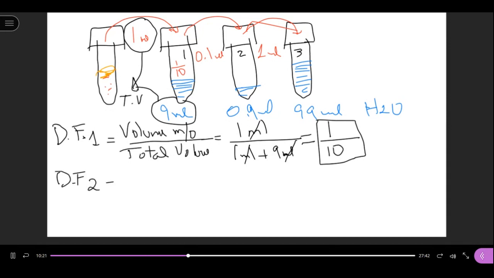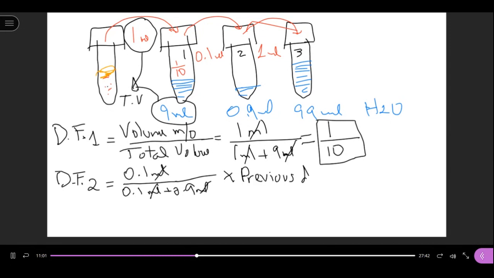Now let's calculate the dilution factor for tube 2. The volume of microorganism is 0.1 mil. The total volume is 0.1 mil plus 0.9 mils. The units cancel. And remember, because this is the second dilution, we have to multiply by the previous dilution.